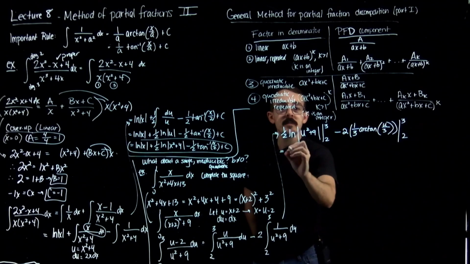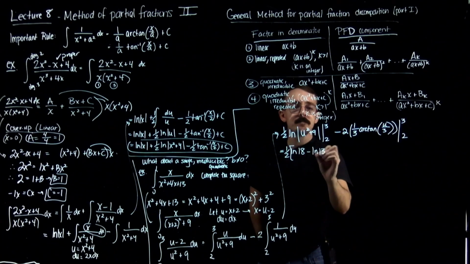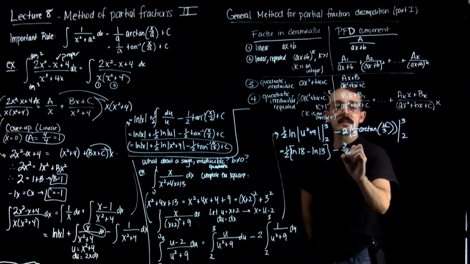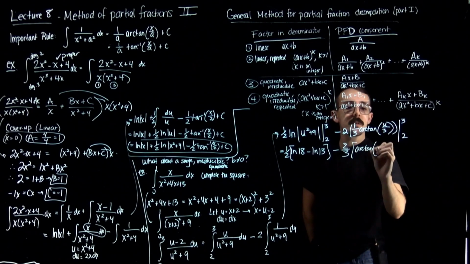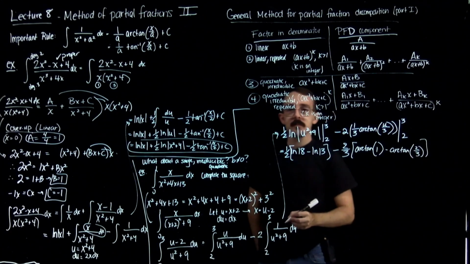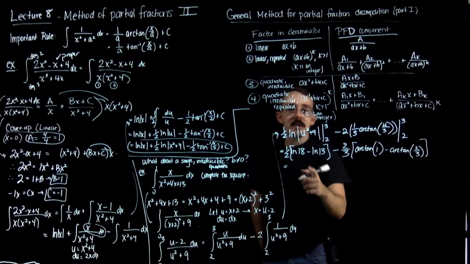So if you plug in a 3 here, you'd get 1/2 ln of 18 minus ln of 13. And we do minus, I'll bring the 2/3 out, it's all a constant, and then I have arctangent of 3 over 3, which is 1, minus arctangent of 2 over 3. This is the complete answer, but maybe just a couple things you could do.